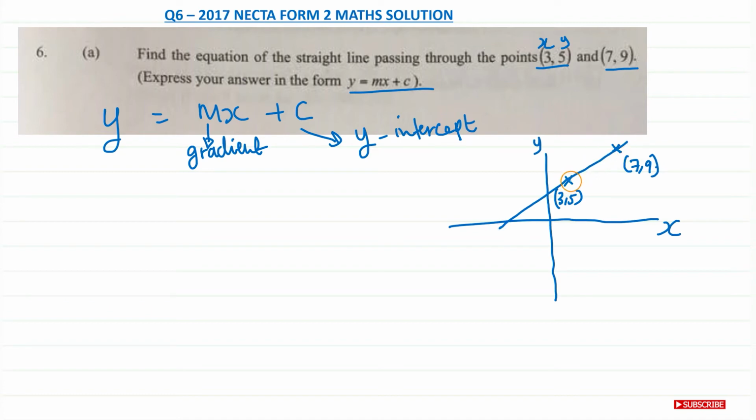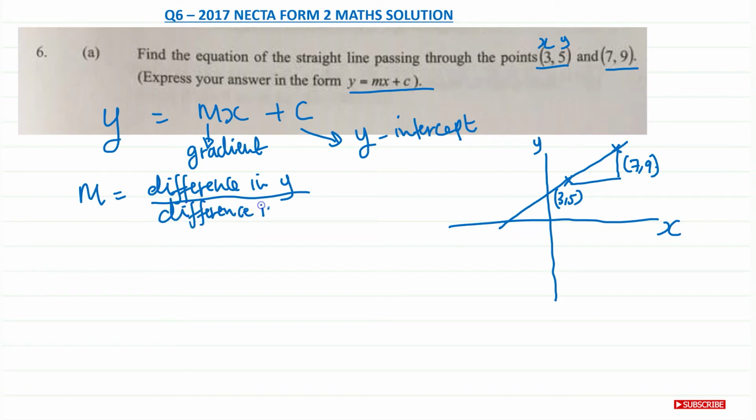We're just sketching. So what's the slope? What's the gradient of this line? What we can do is take y over x. So gradient, which is m, is going to be the difference in y divided by the difference in x. So let's write those down.